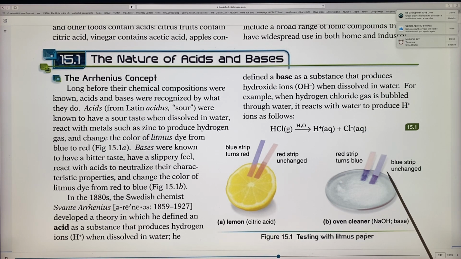Now, the opposite will happen with bases. So here's oven cleaner, which is a really high base, sodium hydroxide. So here we have this, and as it's changing here, it's going to change. Think of blue. Base turns it blue. So that's litmus paper.